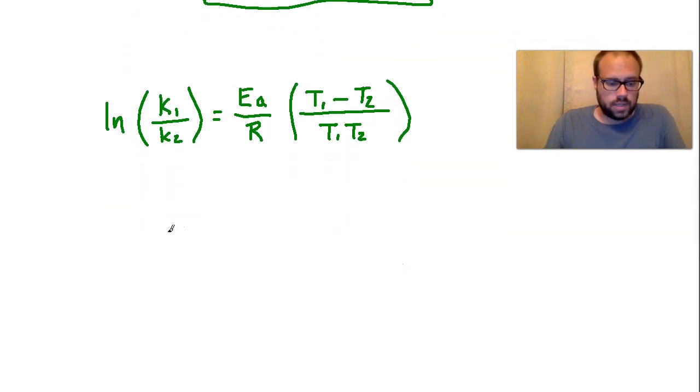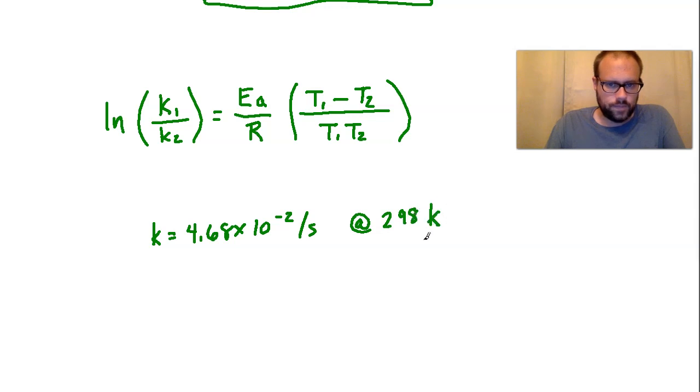All right? So let's consider a reaction where we have a rate constant equal to 4.68 times 10 to the minus 2 per second. All right, and this will be the rate constant at 25 degrees Celsius, so 298 Kelvin. And we've got to keep our K's here.